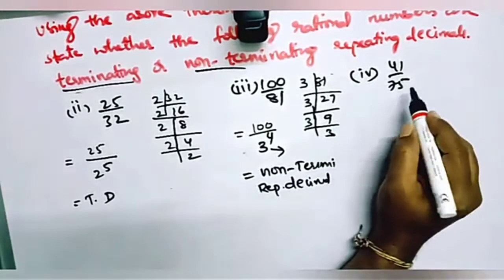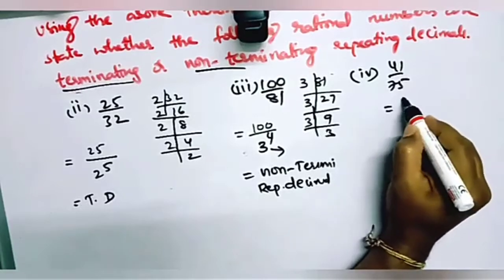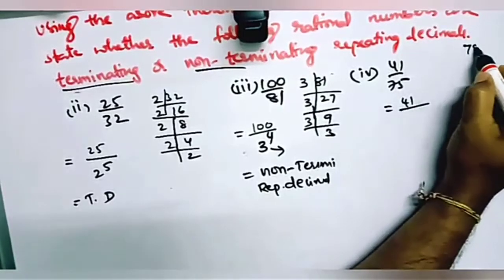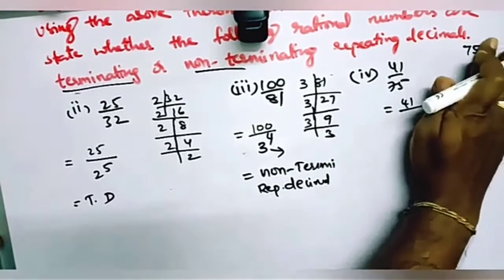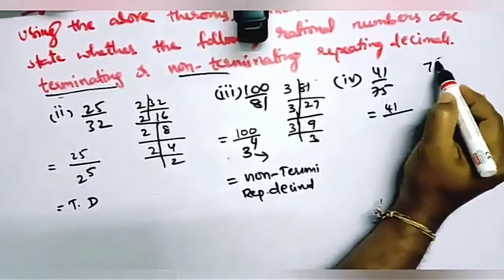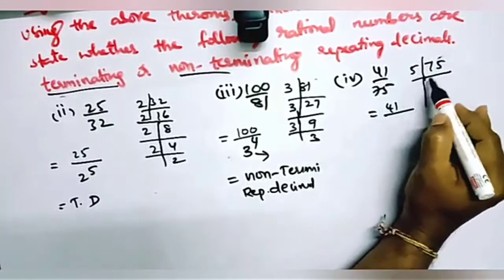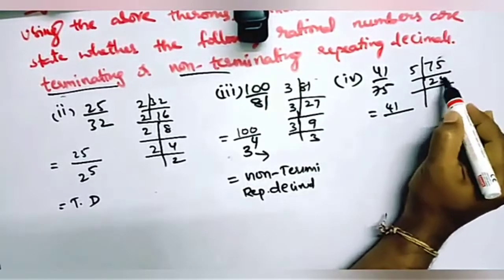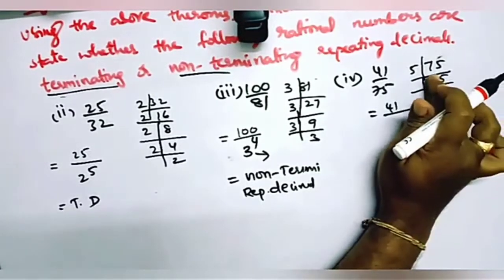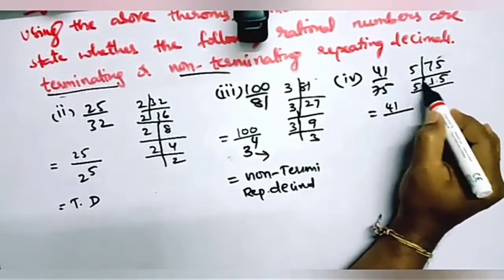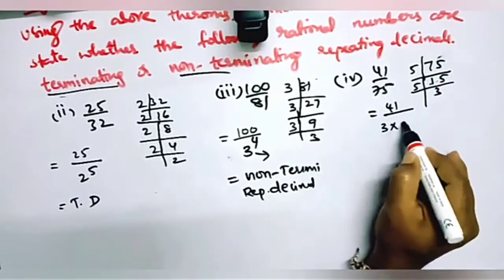The next fourth one is 41 by 75. You should convert as powers, that is 75. You will get the 5 table. So 5 times 3 is 15, then you should write 3 into 5 square.